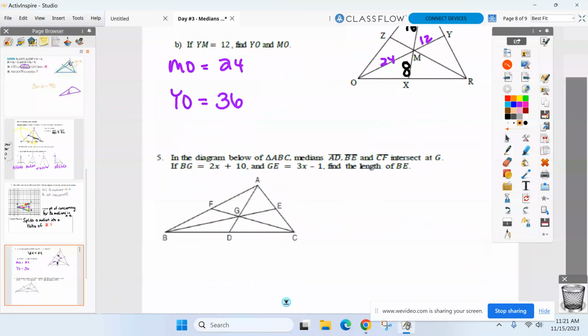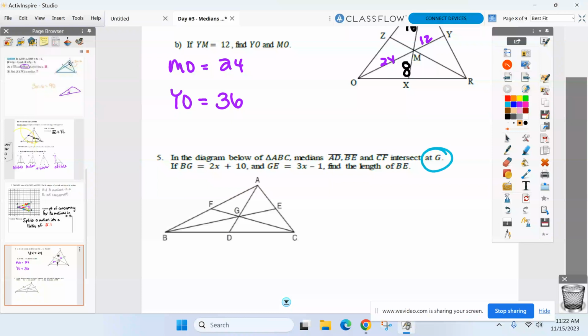And finally, number 5. All right, this is when I go off the rails a little bit here. You can read through. Medians AD, BE, and CF intersect at G. Whoa! I didn't say it was this, but what do you know point G is going to be here then?